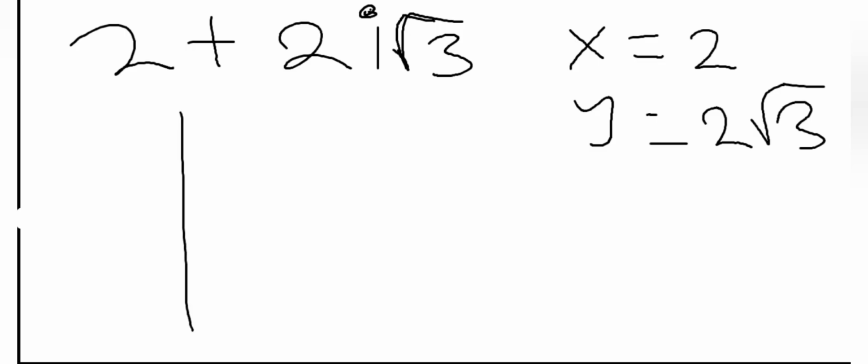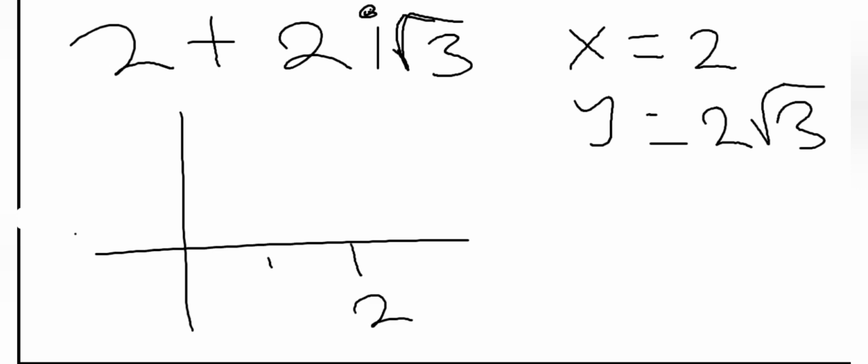When you draw the x and y coordinates, we know that x is equal to 2, which means it is somewhere here, and the y component is equal to 2√3, which means it is somewhere here as well. This shows that the angle is in the first quadrant, because the x and y coordinates are both on the positive side.